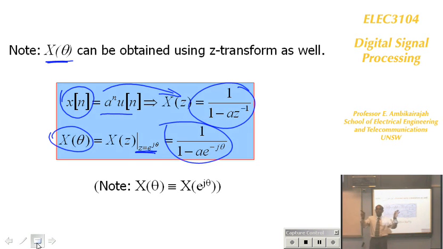So if you've got a sequence, you find the z transform of it, and then substitute. That's one way. The second one is to directly apply the formula. Sometimes you can't apply the formula directly because it's very hard to manipulate, so this becomes easy. Now remember that we always refer to X theta as X of e to the j theta, because we are substituting z equal to e to the j theta.